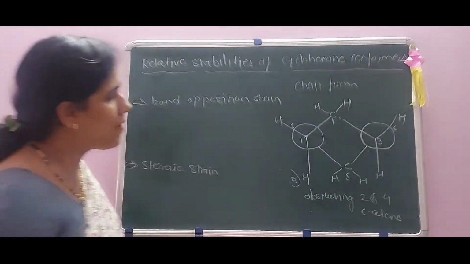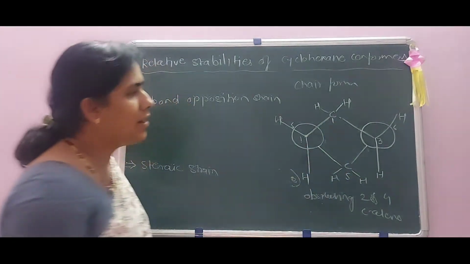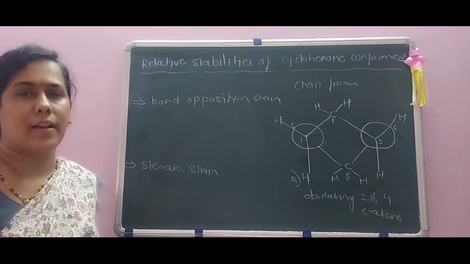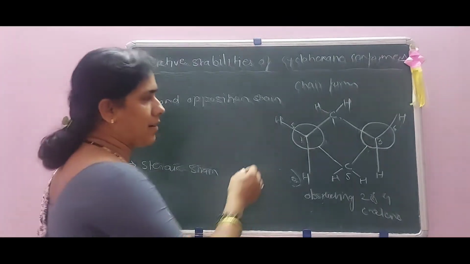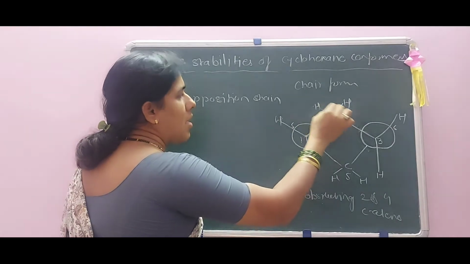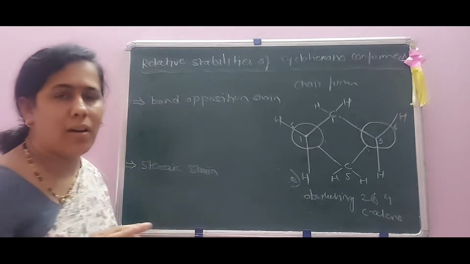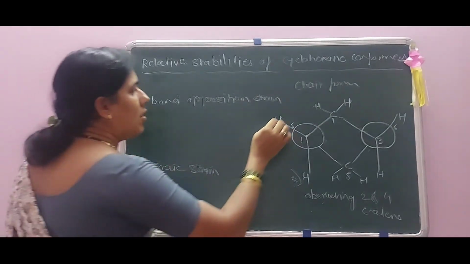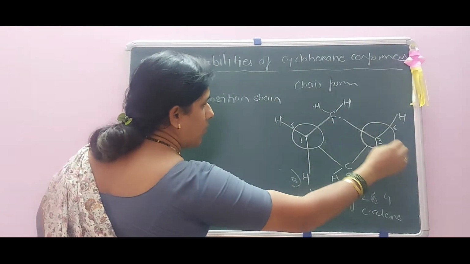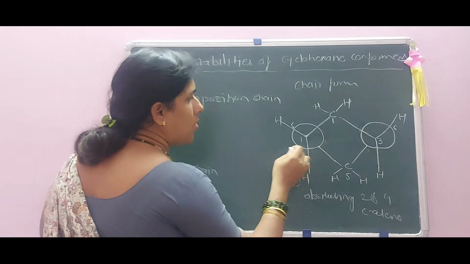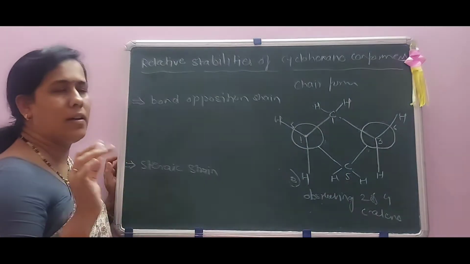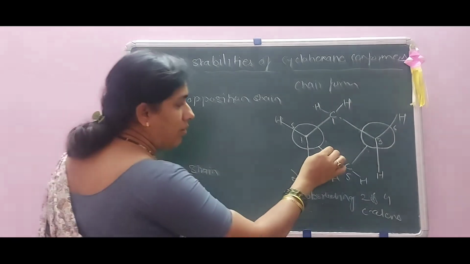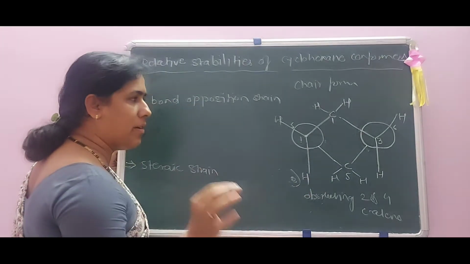As far as the structure can be seen, it is of the category of Newman's staggered form. All the hydrogens keep the largest distance from each other, so they are in between, keeping large distances between them.